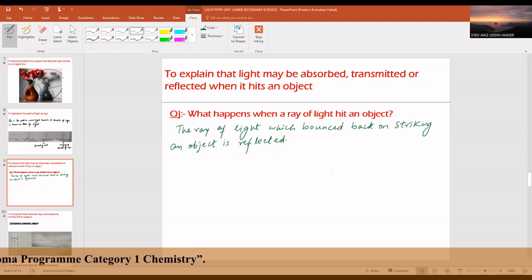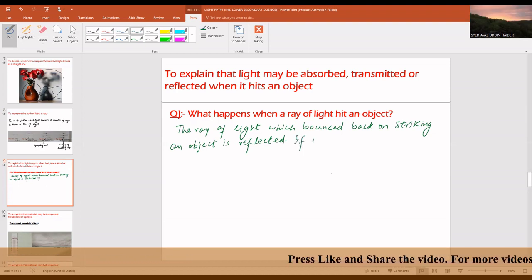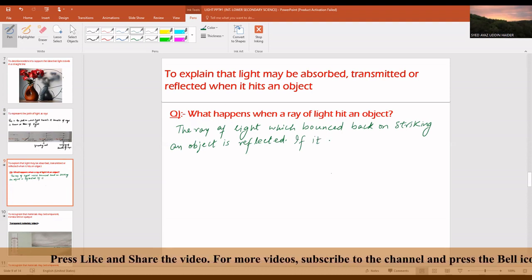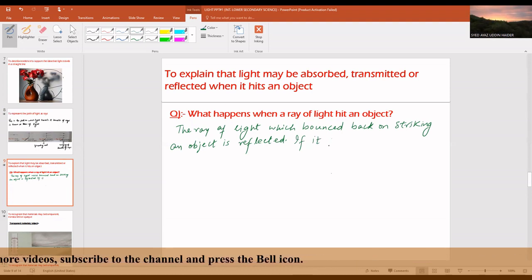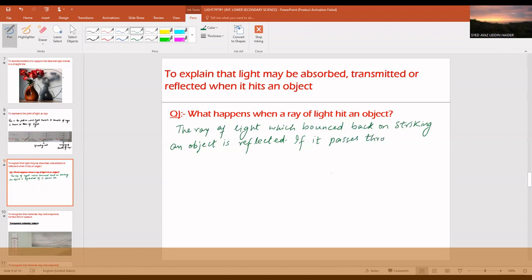If it passes through an object, it is said to be transmitted.